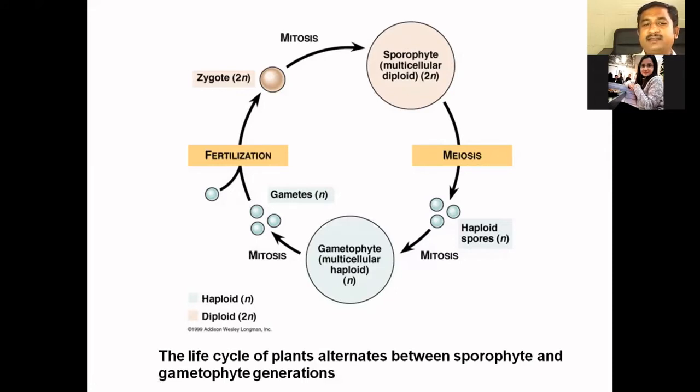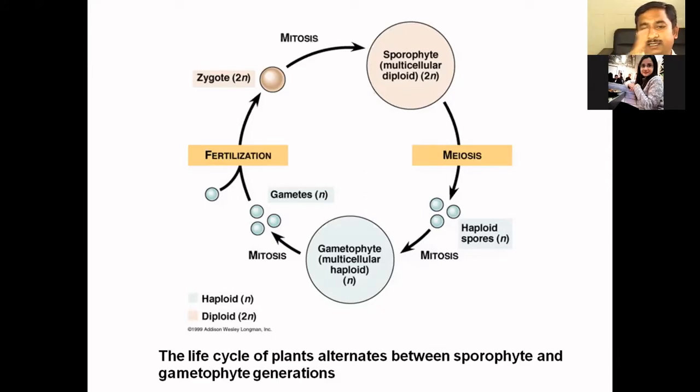When mitosis occurs in the gametophyte, it multiplies the cells, and these become gametes. Then female gametes and male gametes combine, and that process is called fertilization. The product is called the zygote. The zygote is 2n, n plus n is 2n, and this 2n undergoes mitosis and produces the diploid sporophyte.